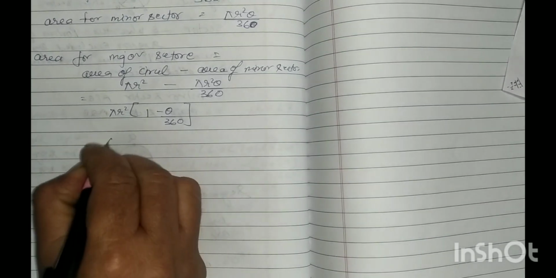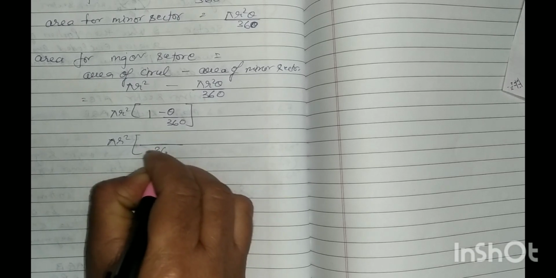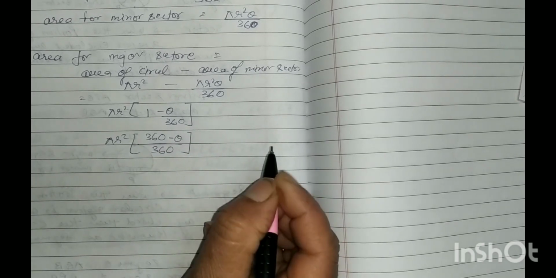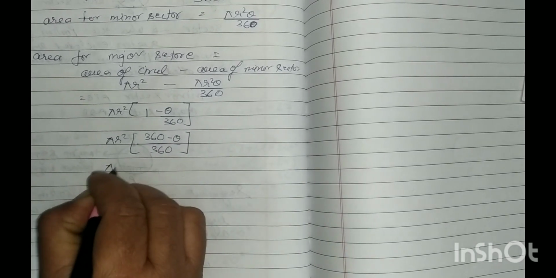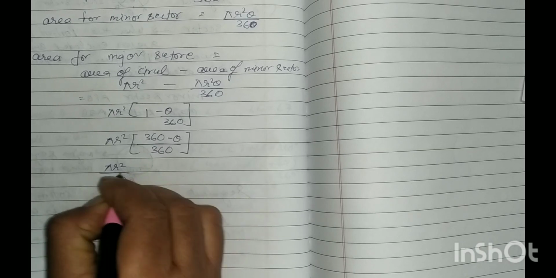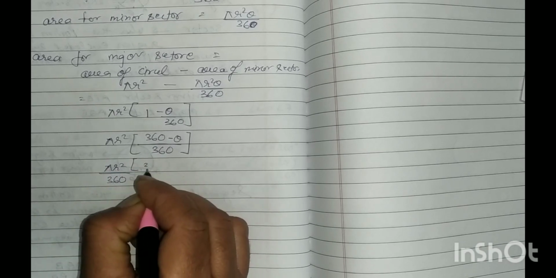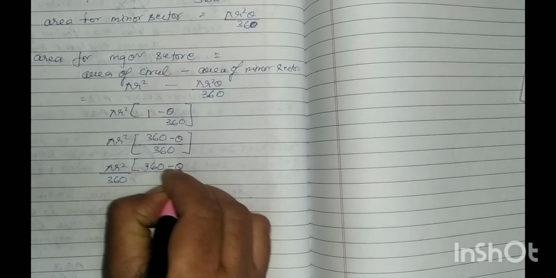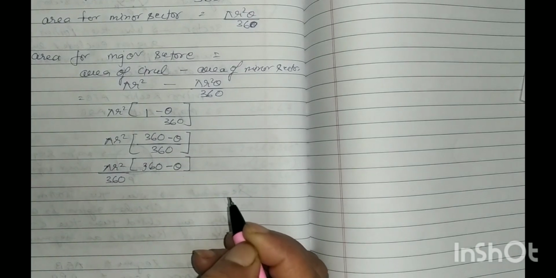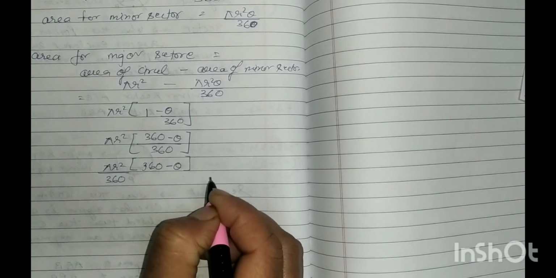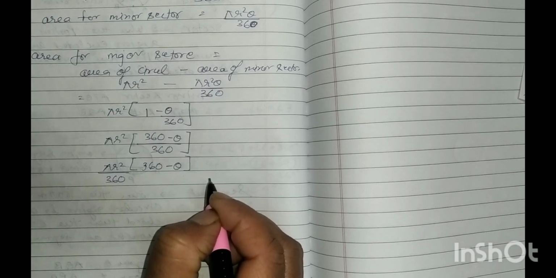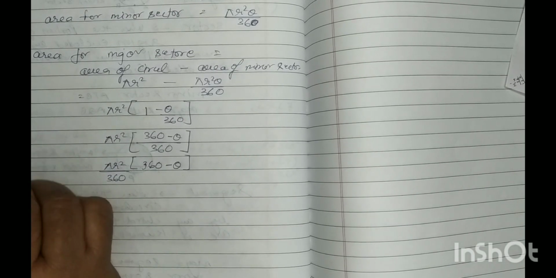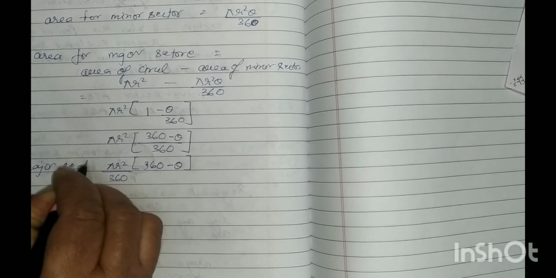Take LCM, pi r square, 360 minus theta, or we can write pi r square upon 360 into 360 minus theta. So this is the area of a major sector.